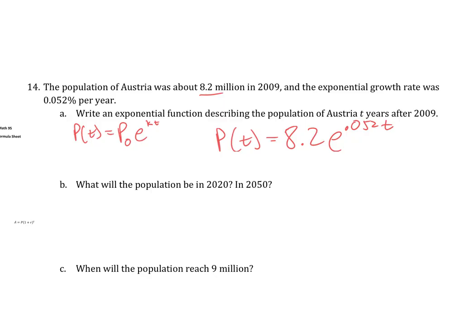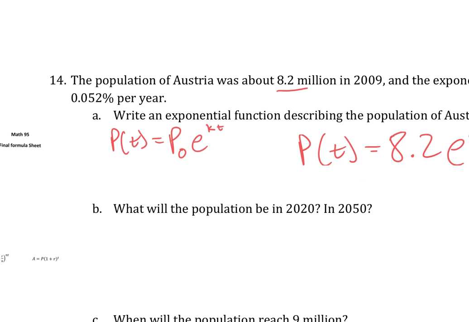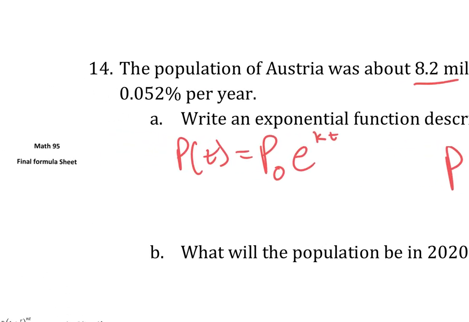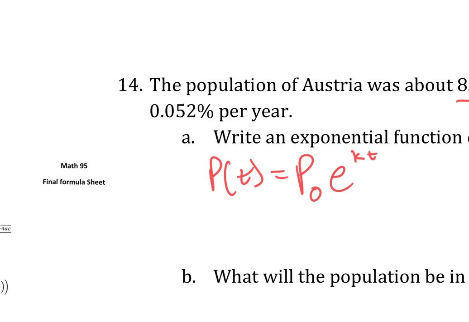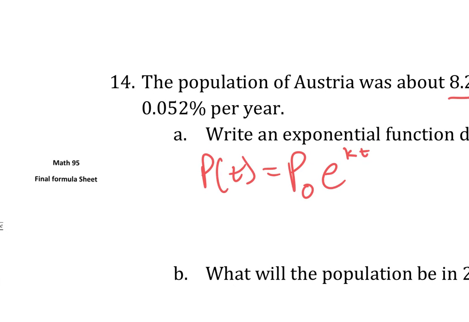Now, I just noticed there's actually a typo in this problem, all right? So this should be 5.2%. So this got kind of mixed up. We can either say the growth rate is 0.052 or 5.2%. 5.2% is equal to 0.052 because we moved the decimal two places.